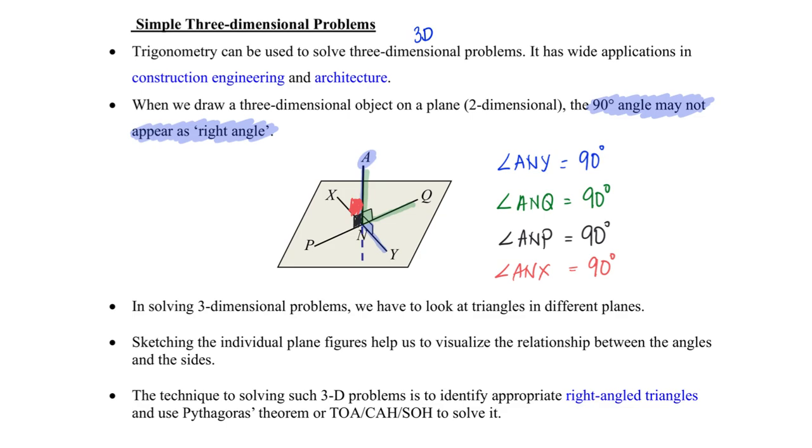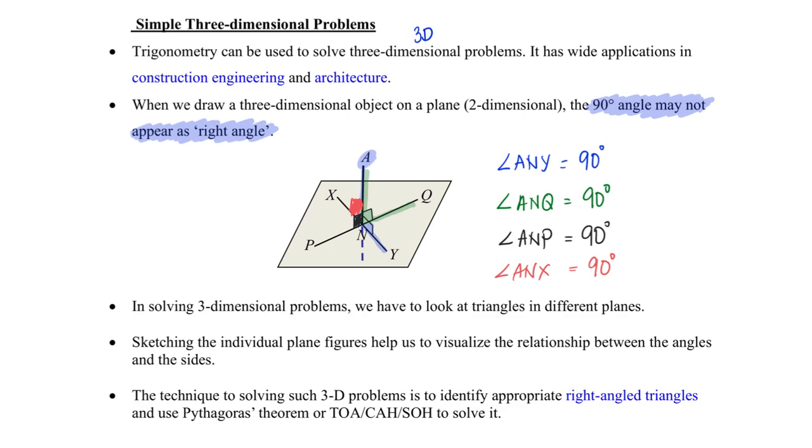Okay, so when we are trying to solve 3D problems, we are actually looking at triangles in different planes, and by sketching the individual plane figures like the right angle triangle, it helps us to visualize this relationship, and it is particularly useful for us to solve 3D problems.